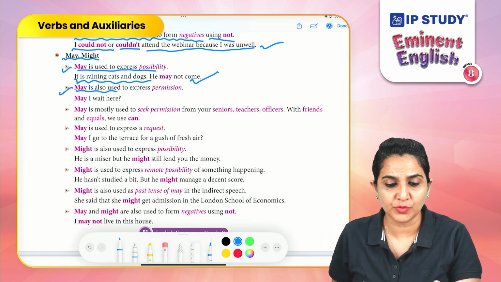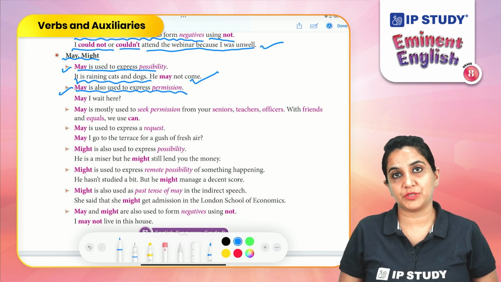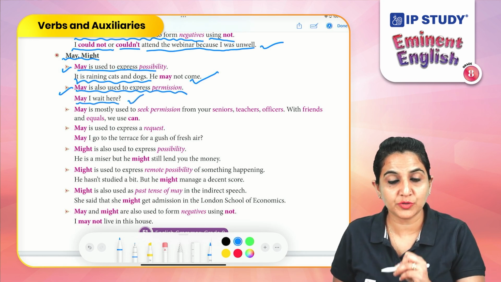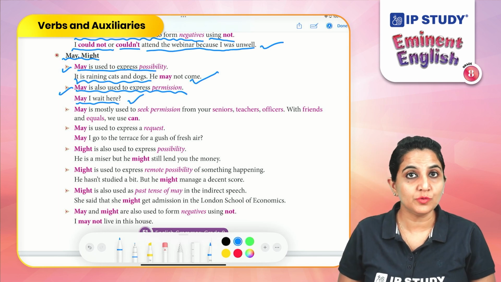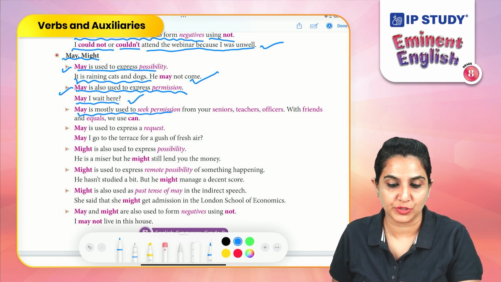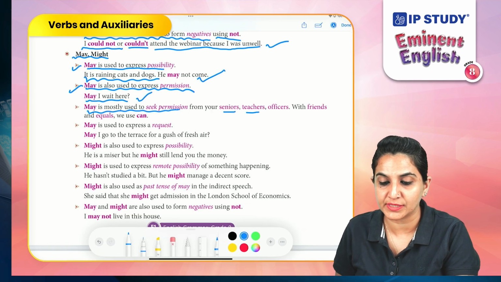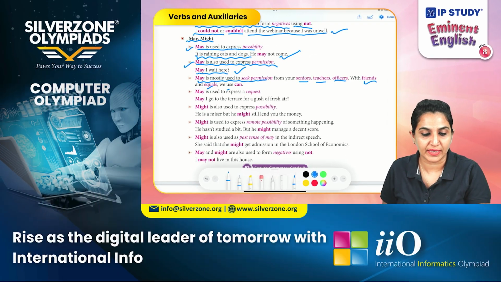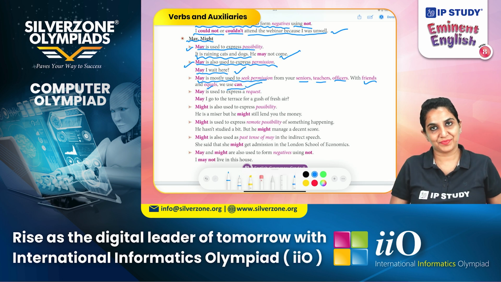May is also used to express permission. So, may I wait here? Even to ask permission, we sometimes use may. May is mostly used to seek permission from your seniors, teachers, and officers. With friends and equals, we can use can.